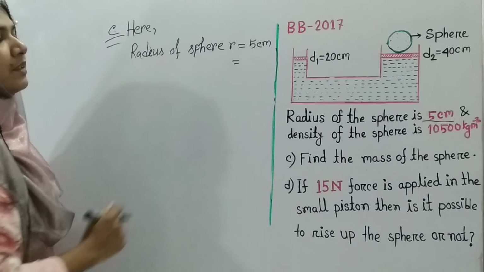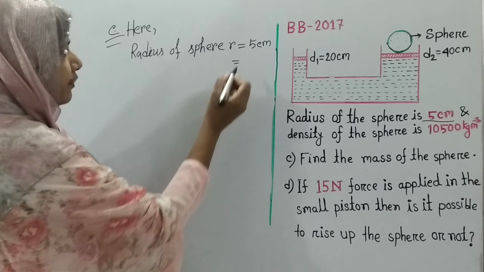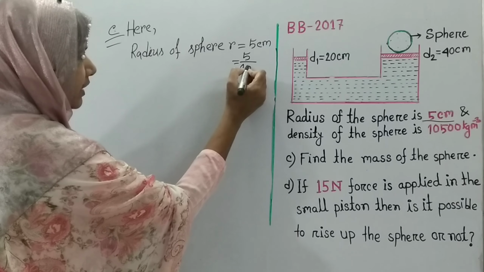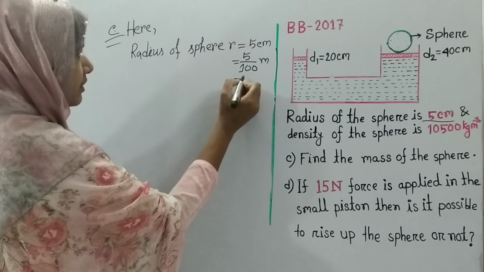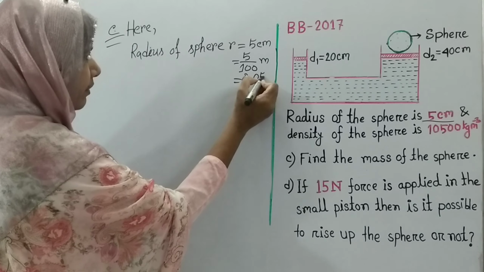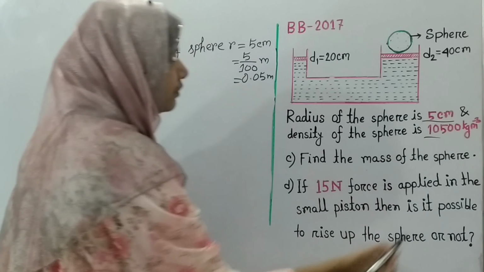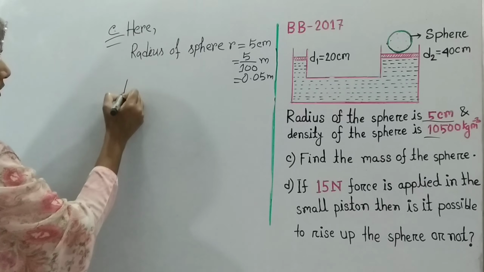Now as it is in CGS unit, we have to convert it into SI unit, that means 5 divided by 100, that is 0.05 meter.